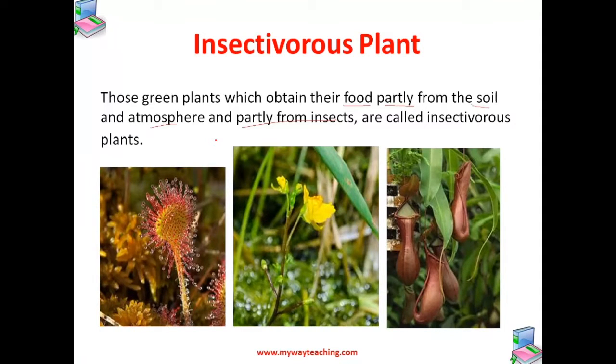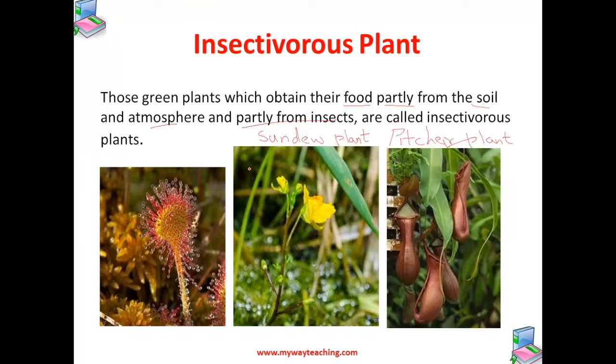In the pictures, we can see some examples of insectivorous plants. This one is called pitcher plant. Then we have another example, the sundew plant.